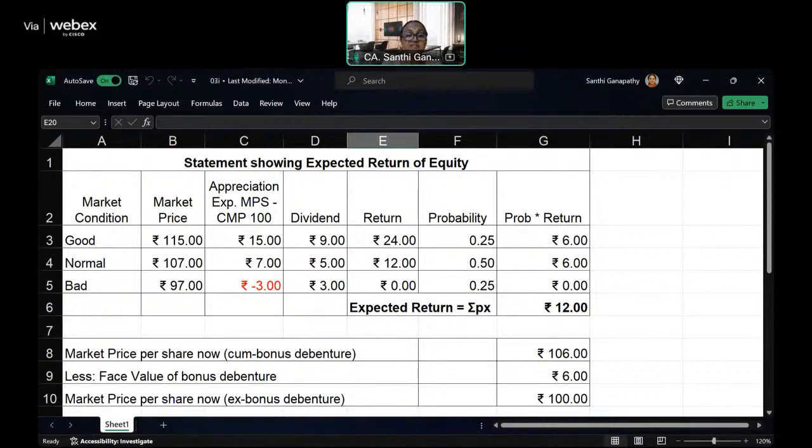As we discussed just now, the current market price that is given as 106 is including the bonus debenture, whereas the future market price that is given is only for the equity share. So how much is the appreciation? How much is the dividend? And the return, the probability, expected return.